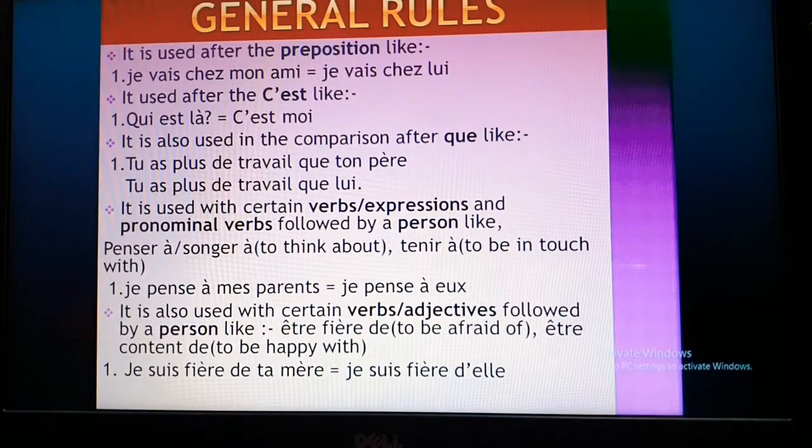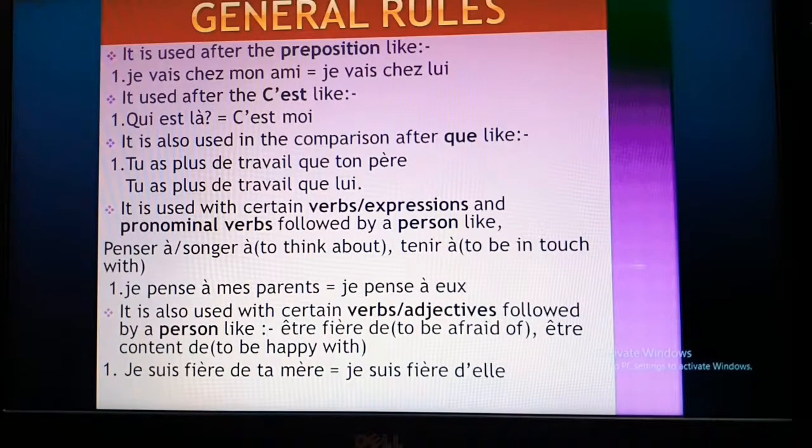Okay, next it is used with certain verbs, expressions and pronominal verbs followed by a person, like penser à and songer à, which mean to think about. Tenir à, which means to be attached to. The example says Je pense à mes parents.